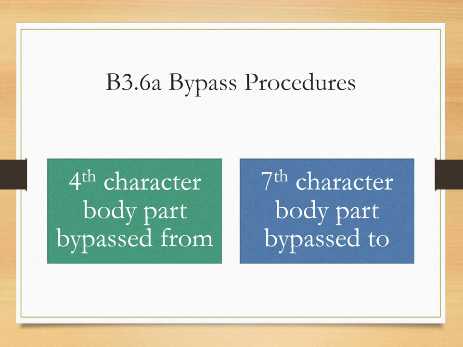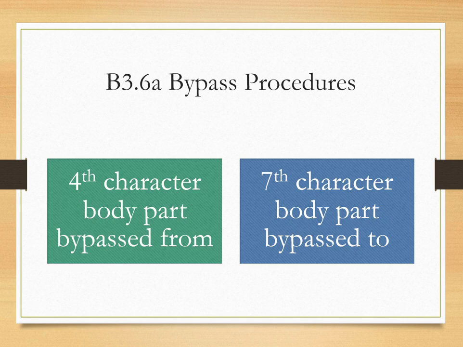One thing I want you to know about bypass procedures is that we have coronary bypass procedures and we have non-coronary bypass procedures. Guideline B3.6A is speaking to non-coronary bypass procedures.